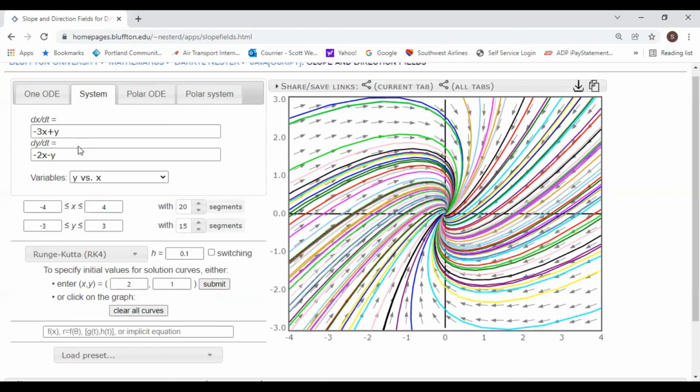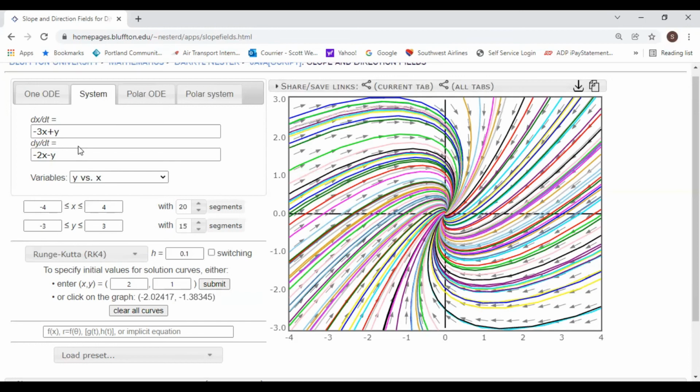Whereas the other ones all end up approaching the origin along one specific line. It's like there's a runway at the origin, and all the trajectories have to vector along that one specific path. This one, though, they can approach from pretty much any direction, and they just spiral their way in towards the origin.